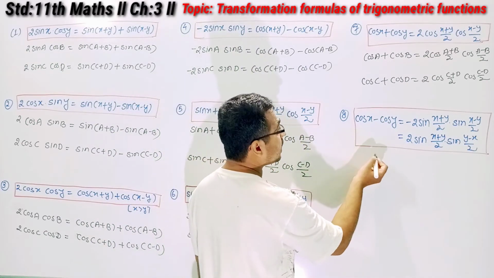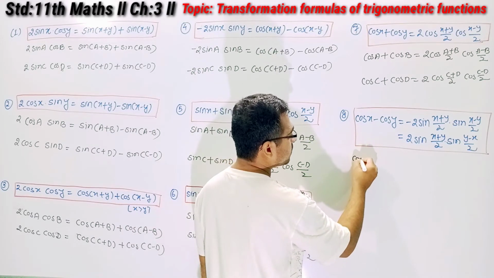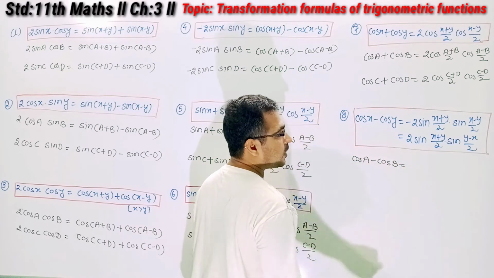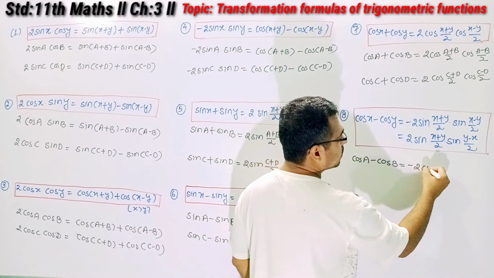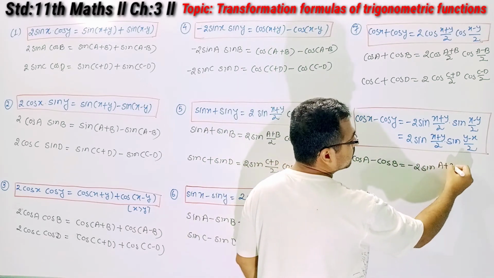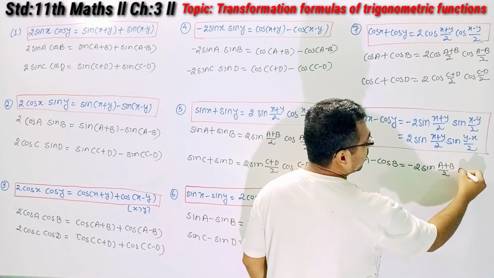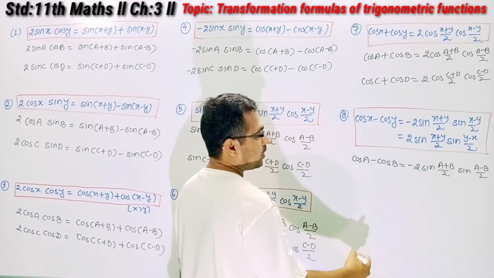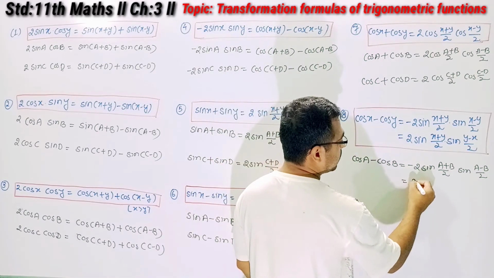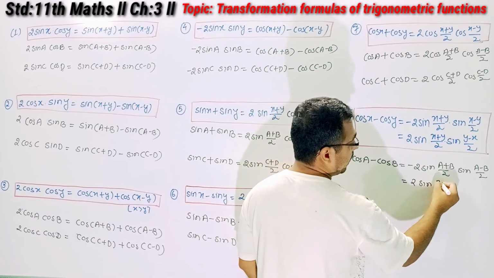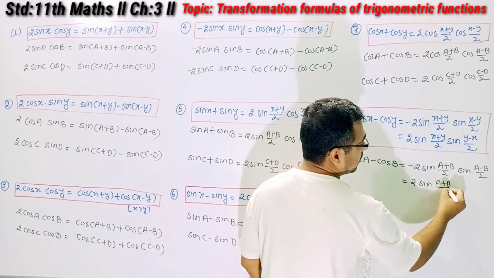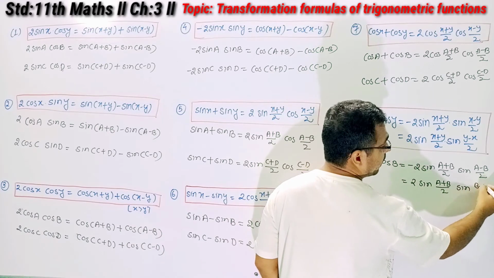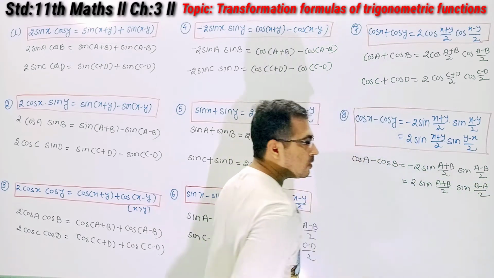So here we can write cos a minus cos b is equal to minus 2 sin((a plus b) by 2) sin((a minus b) by 2), or we can write 2 sin((a plus b) by 2) sin((b minus a) by 2).